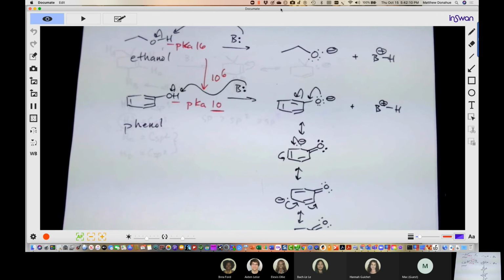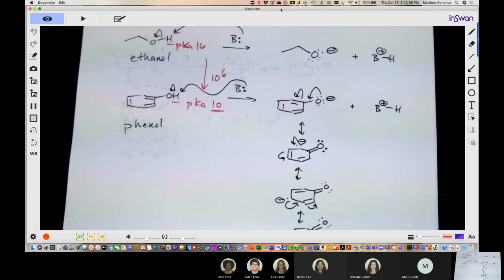So maybe I'll take one more question. So why is water more acidic than ethanol? I would say you're getting into really specific things. I don't know that that's really important to answer right now.